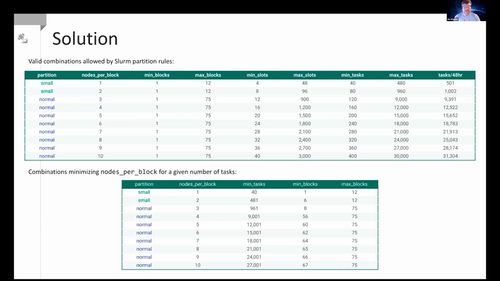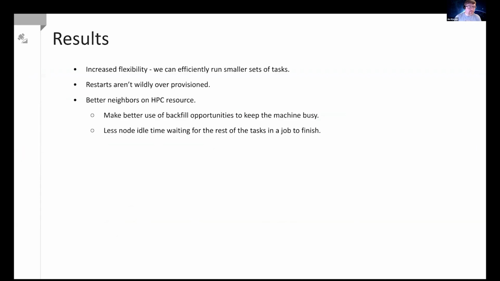When we look at minimizing the nodes per block, we get the second chart and see that we can now run from down to about 40 tasks and still be okay. The net result here is we've increased the flexibility of the size of the job sets we can reasonably run. Restarts aren't wildly over provisioned anymore, and we're better neighbors on the HPC resource.